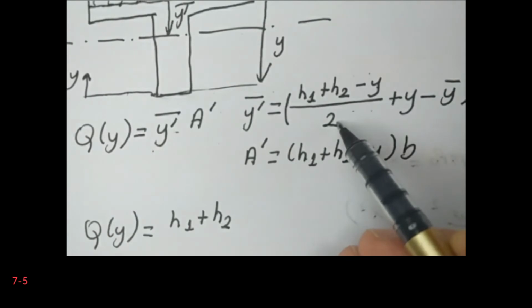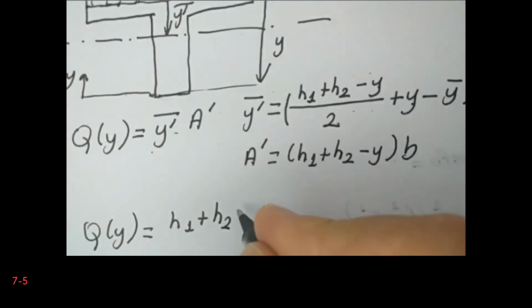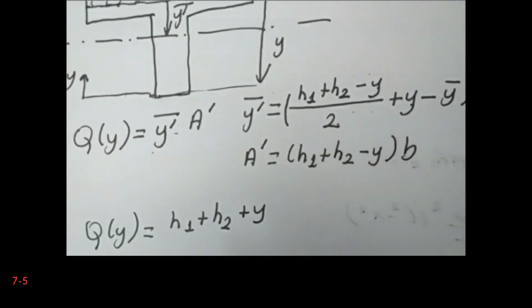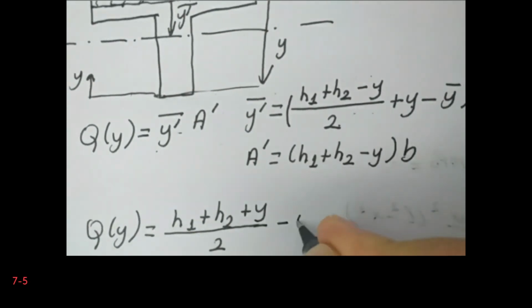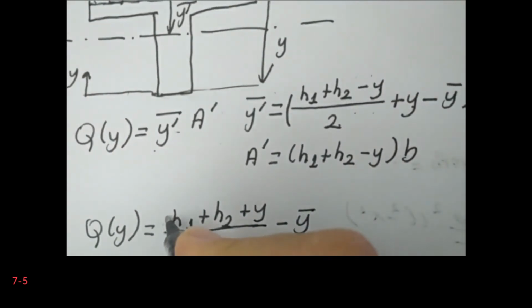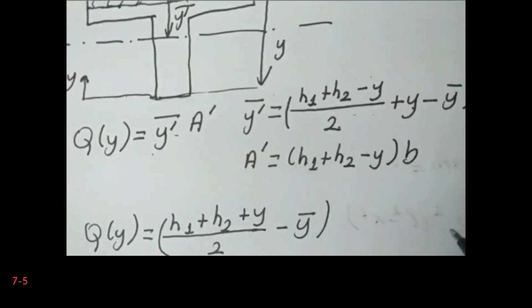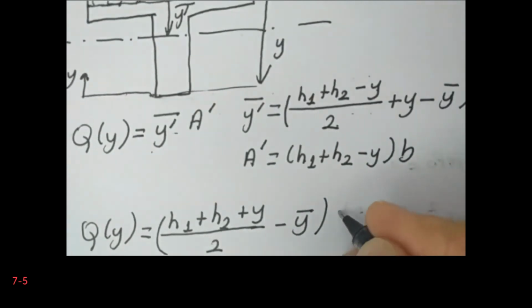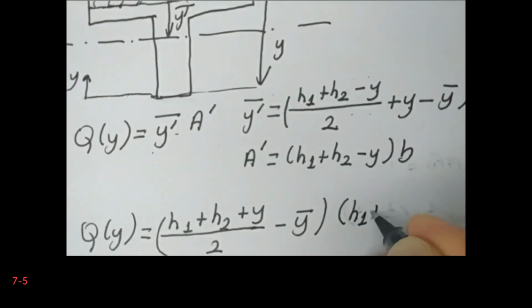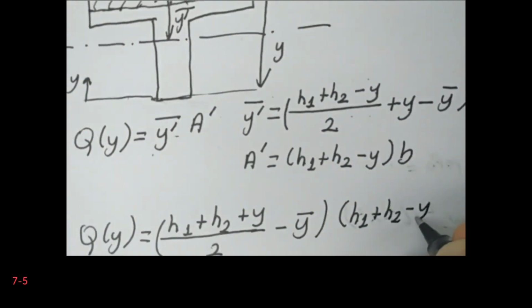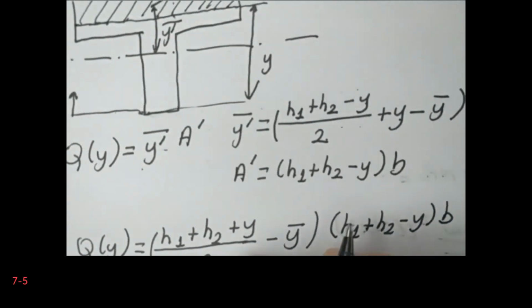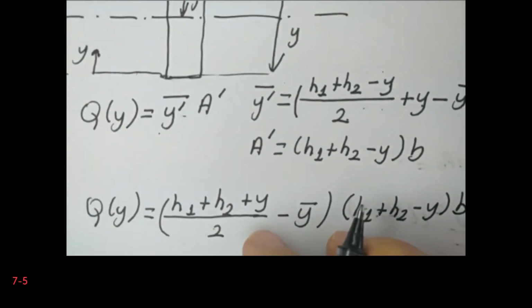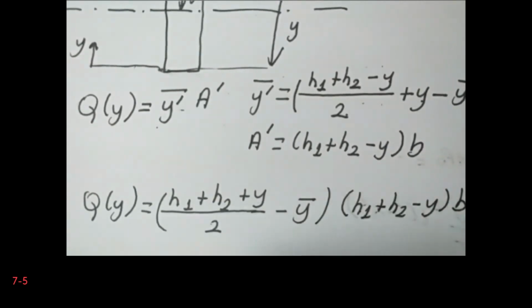It will make y divided by 2 minus y bar, multiplied by the area, that is (h1 plus h2 minus y) multiplied by b. Now I have the Q value as a function of y.